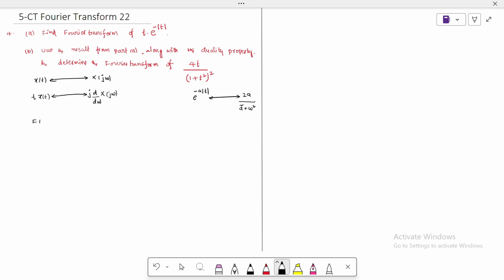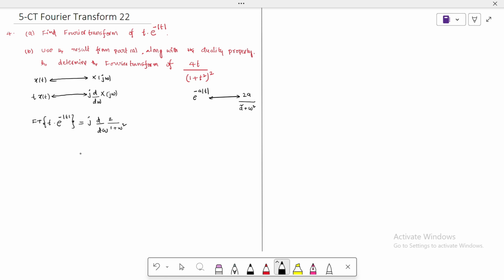Then the Fourier transform of t into e power minus mod t equal to j into d by d omega of x of j omega. Here a equal to 1, so comparing, 2a by a square plus omega square gives 2 by 1 plus omega square. So this is the differentiation.